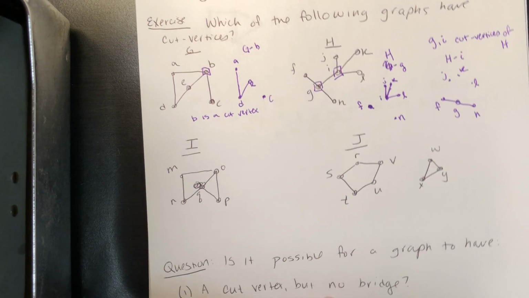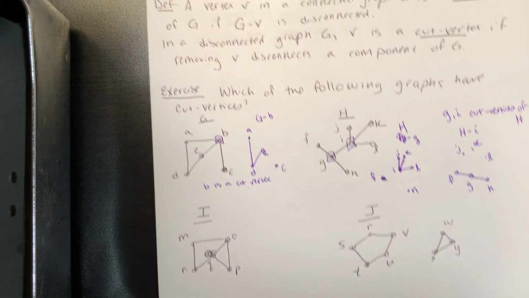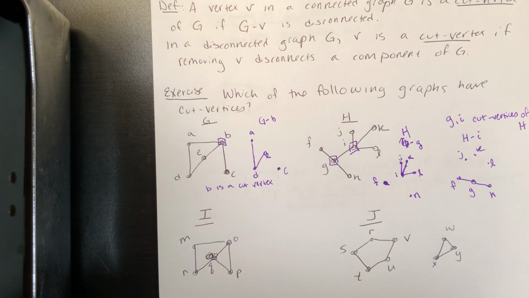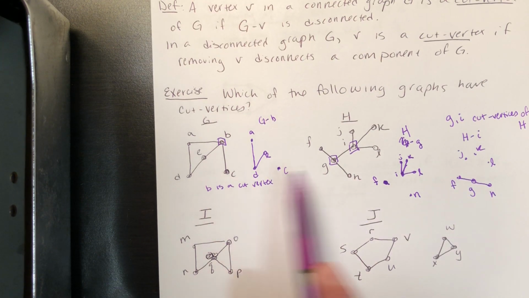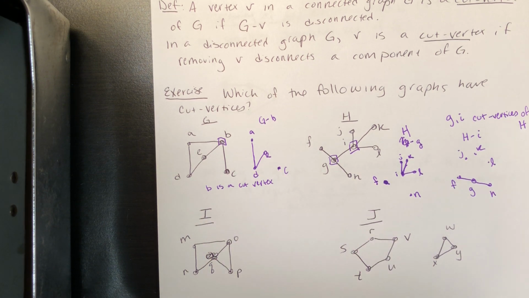Now, a good question to think about would be, is it possible for a graph to have a cut vertex but no bridge? And is it possible for a graph to have a bridge but no cut vertex? If you look at these examples up here, in these first two graphs, G and H, they both have bridges. Remember, an edge is a bridge if and only if it's not part of any cycle.